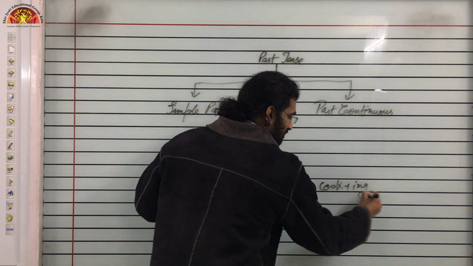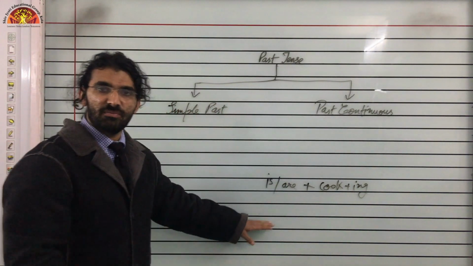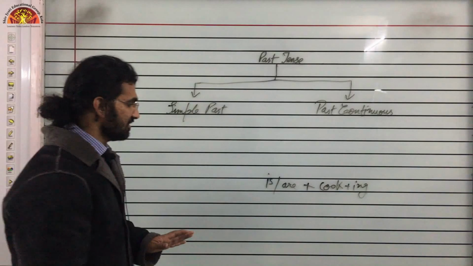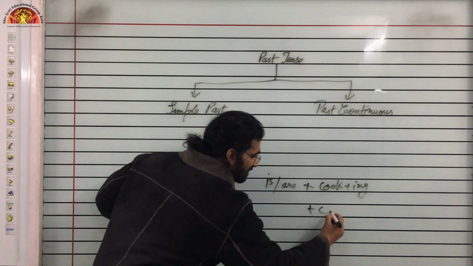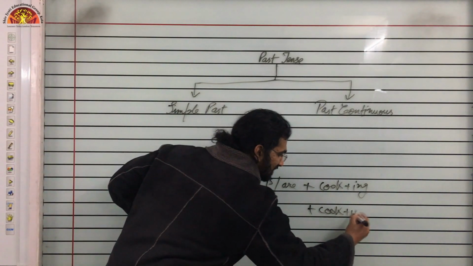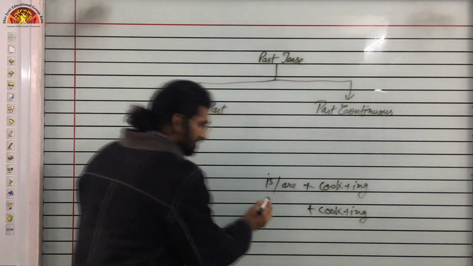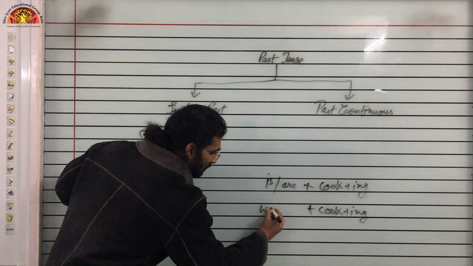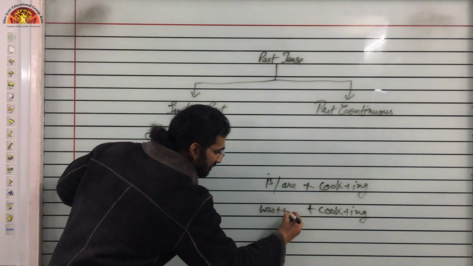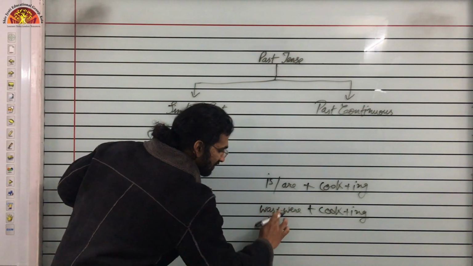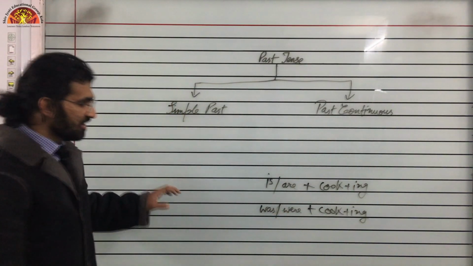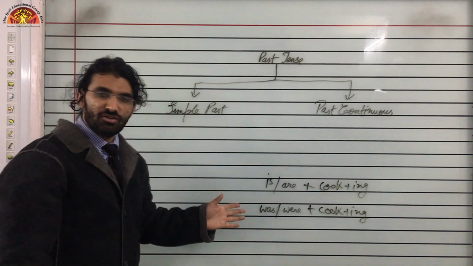Similarly, in past continuous, this will remain the same. But instead of these helping verbs is and are, we will bring in was or were, depending on the singular or plural.